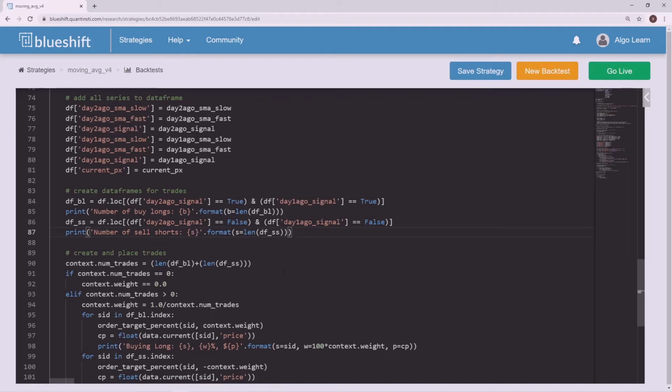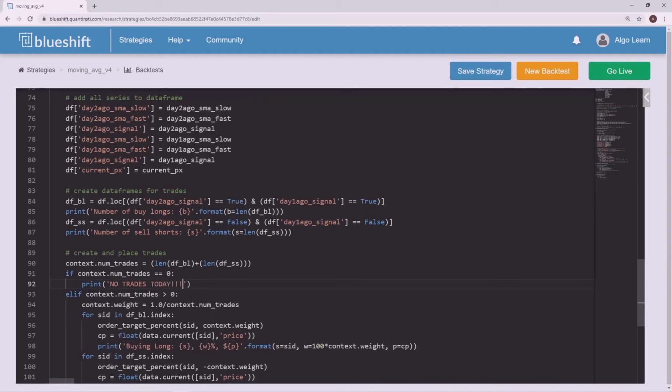We need to combine them both. That will be our denominator, if you will, for our weighting. And if we don't have any trades at all, we're going to make it a little bit more fun. We're just going to print, caps lock, no trades today.